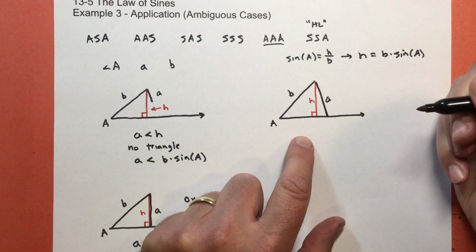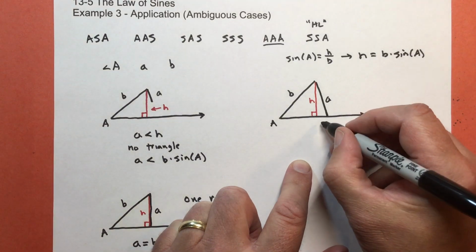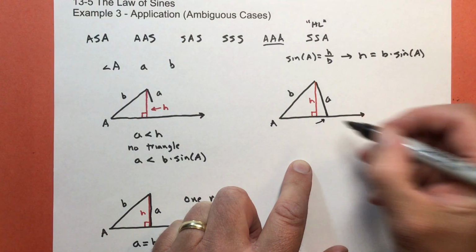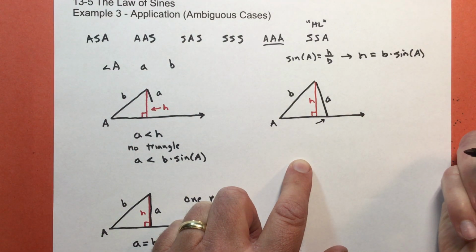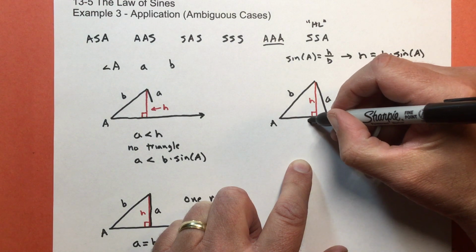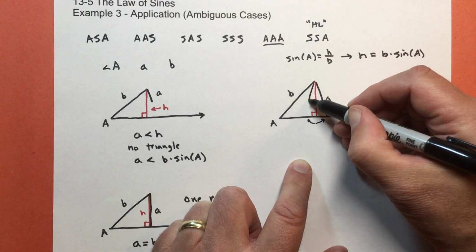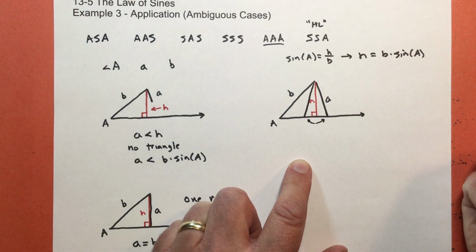But now here's the part that I really need you to pay attention to. If I swing it that way, I'm going to get that triangle. But if I swing it this way, I'm going to get another triangle.